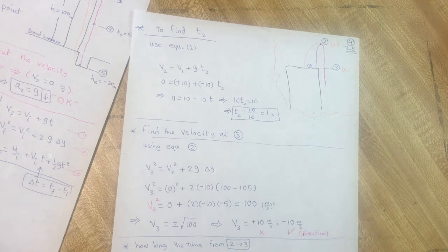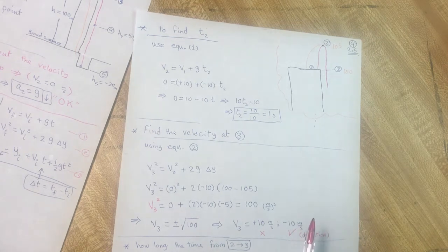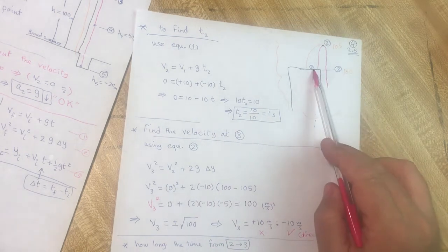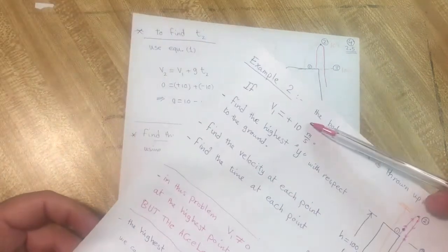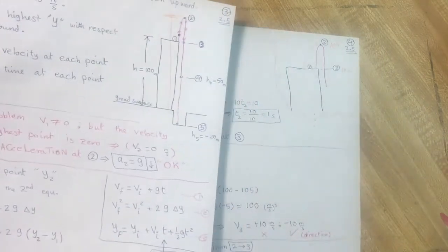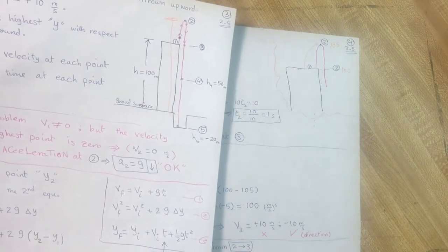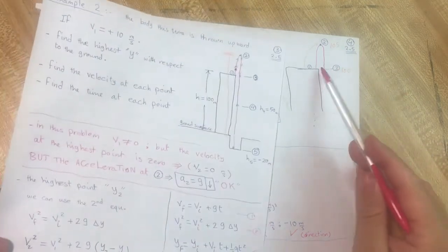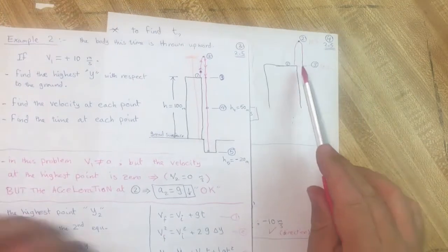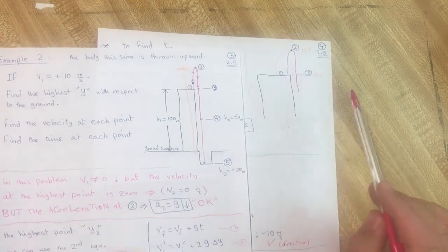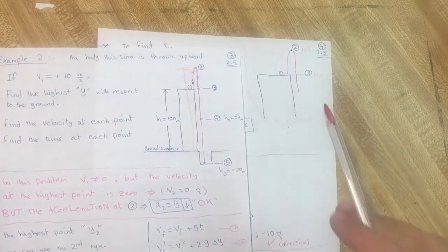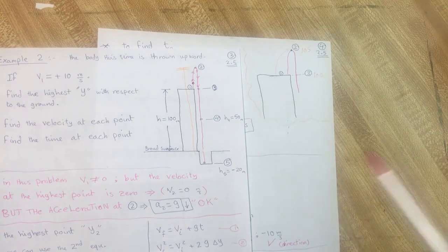Look, the magnitude of the velocity at point number 1, which is the initial velocity, is 10. The magnitude of the velocity, which is the speed, at point number 3 is the same because they are at the same height, and the resistance of the air is neglected, or we don't care about it.